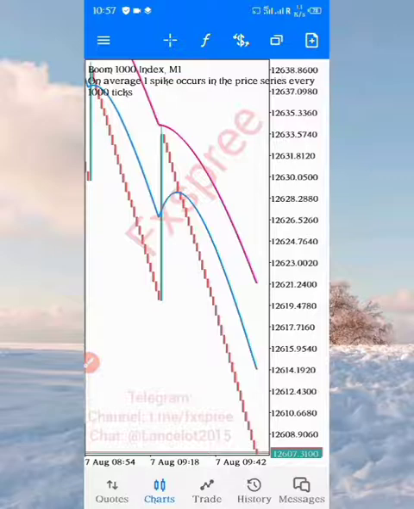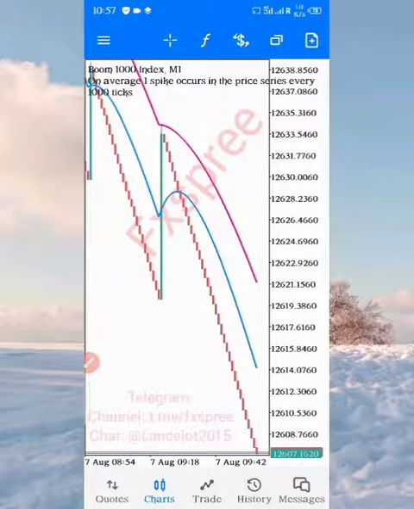Today I want to show you this on the 1 minute time frame. This strategy is useful for crash and boom of any series, mainly on the 1 minute time frame.